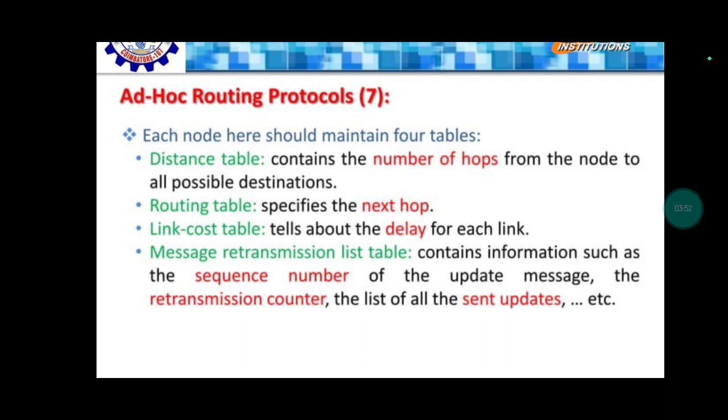The distance table contains the number of hops from the node to all possible destinations. The routing table specifies the next hop. The link cost table tells about the delay for each link. The retransmission list contains information such as the sequence number of the update message, the retransmission counter, the list of all sent messages, etc.